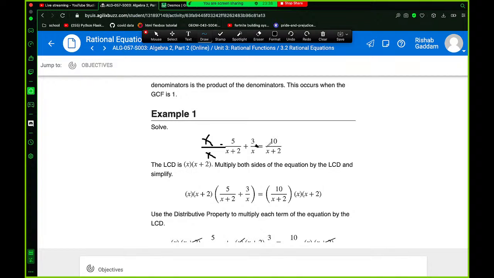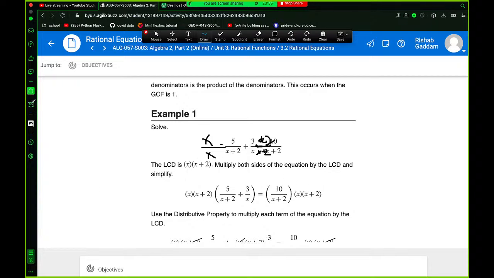I don't have any space to write it. We have to multiply this by x plus 2 over x plus 2. So that's how you do that kind of thing.